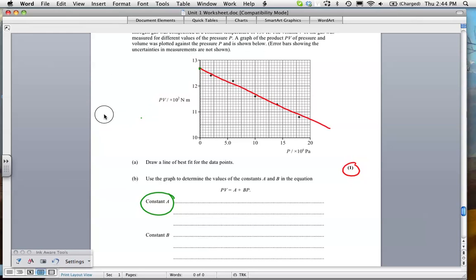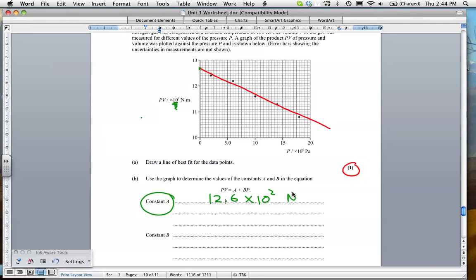It's important that you take note of these values, these multipliers. So every value here is actually times 10 to the 2. Now what is the smallest square? That's actually just 1. So this is going to be around about 12.6. But don't forget to put the times 10 to the 2 and to also put the unit.